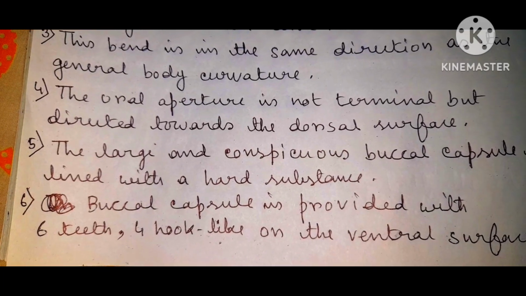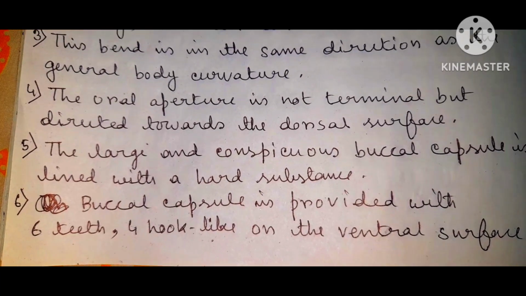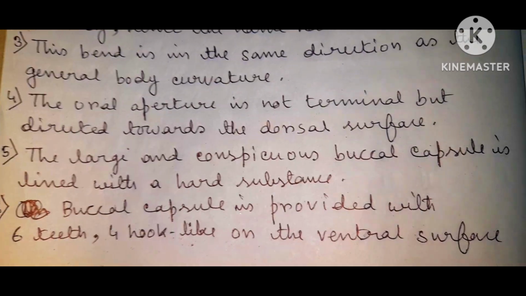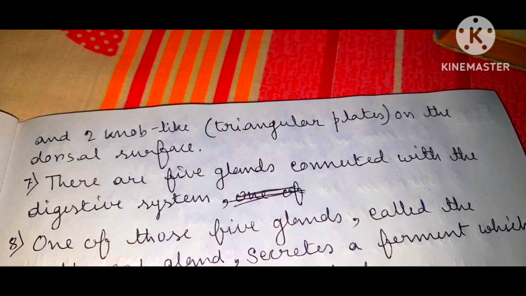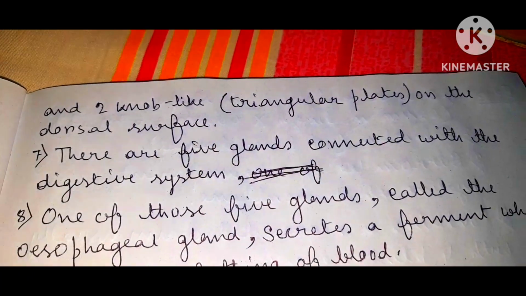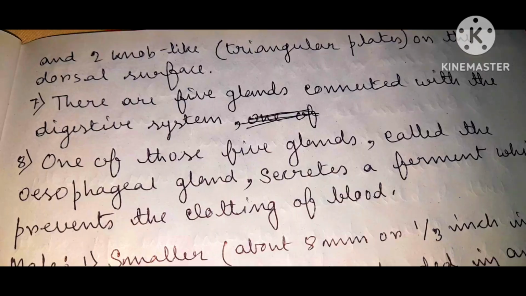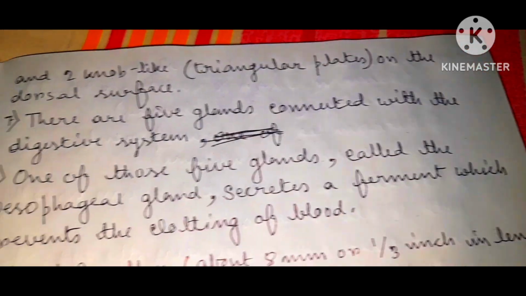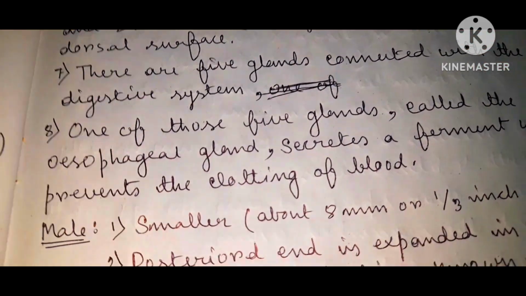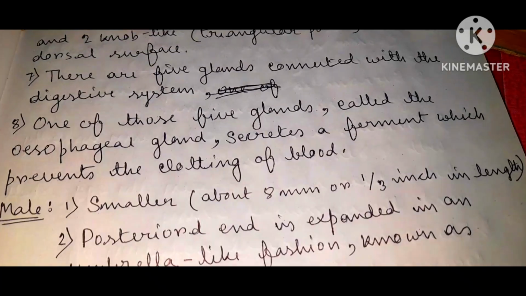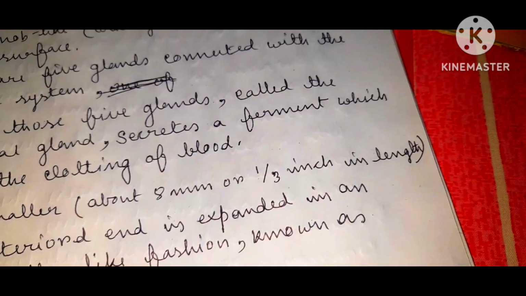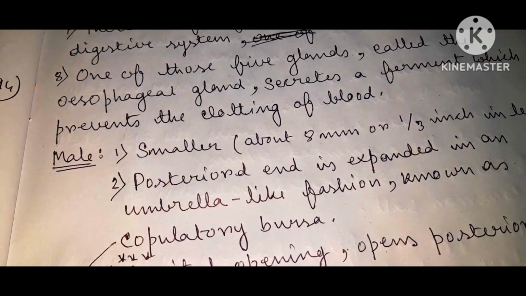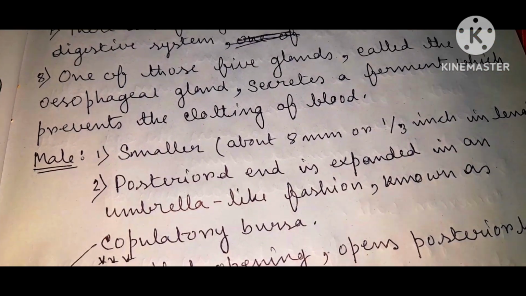Buccal capsule is provided with 6 teeth, 4 hook-like on the ventral surface and 2 knob-like triangular plates on the dorsal surface. There are 5 glands connected with the digestive system. One of those 5 glands, called the esophageal gland, secretes a ferment which prevents the clotting of blood.